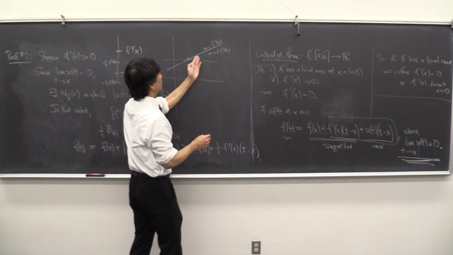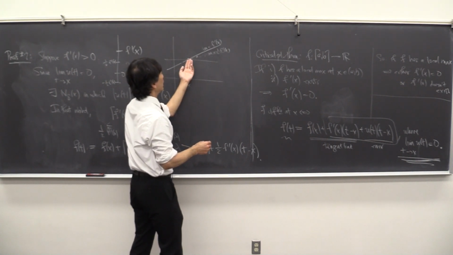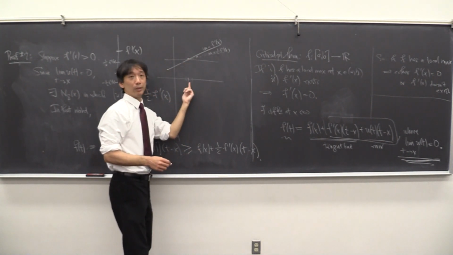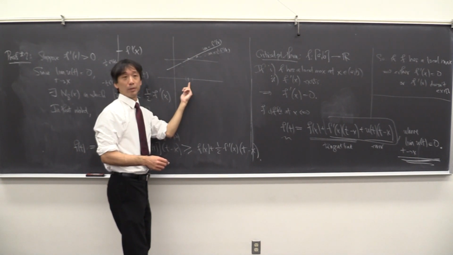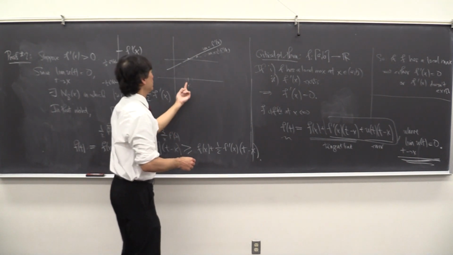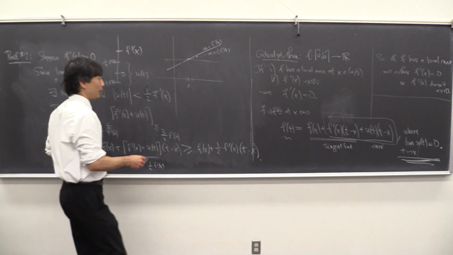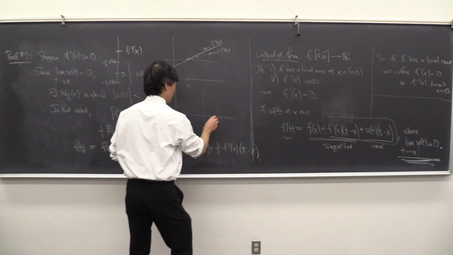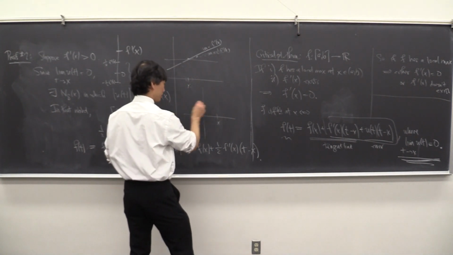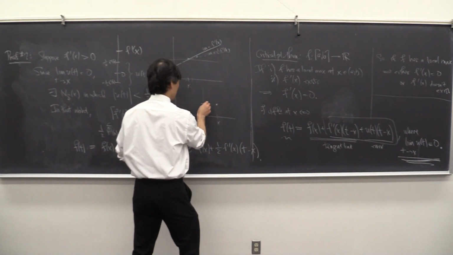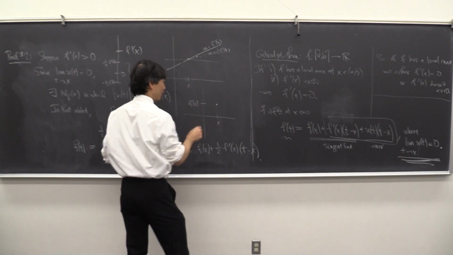But that means that points on the right are going to be bigger than my point in the middle, right? So, let me say it again. Here's x. Here's supposedly my maximum, my max.